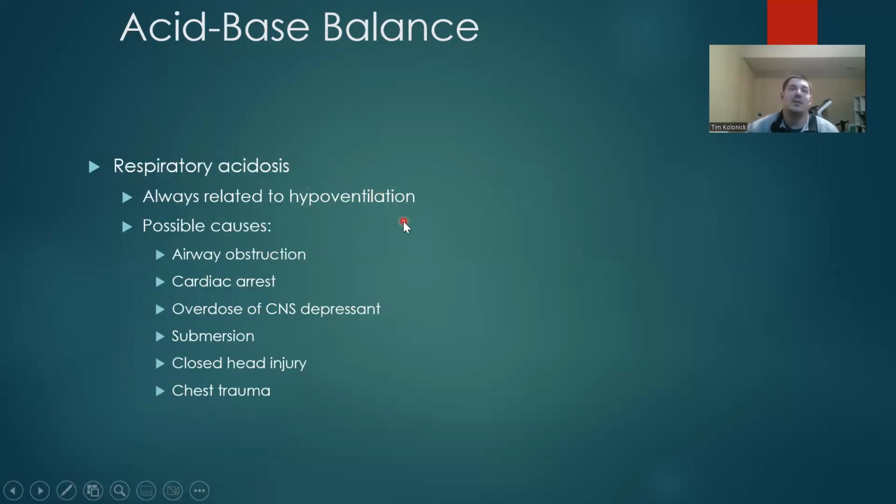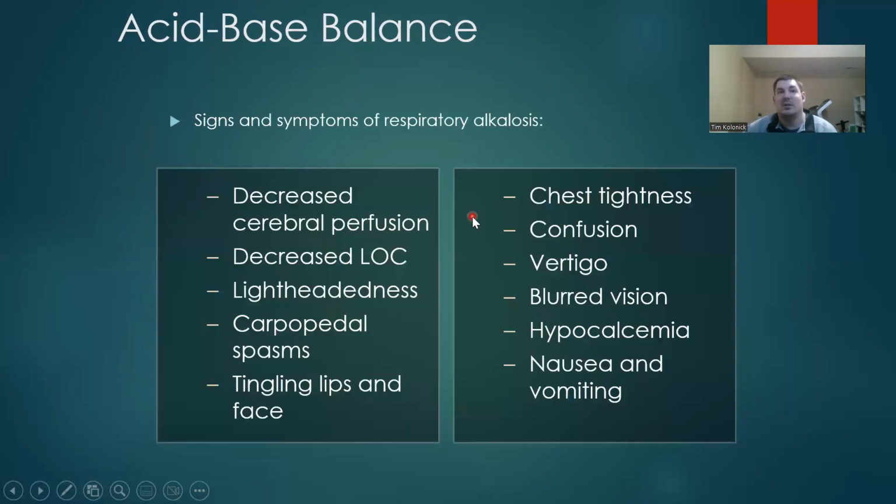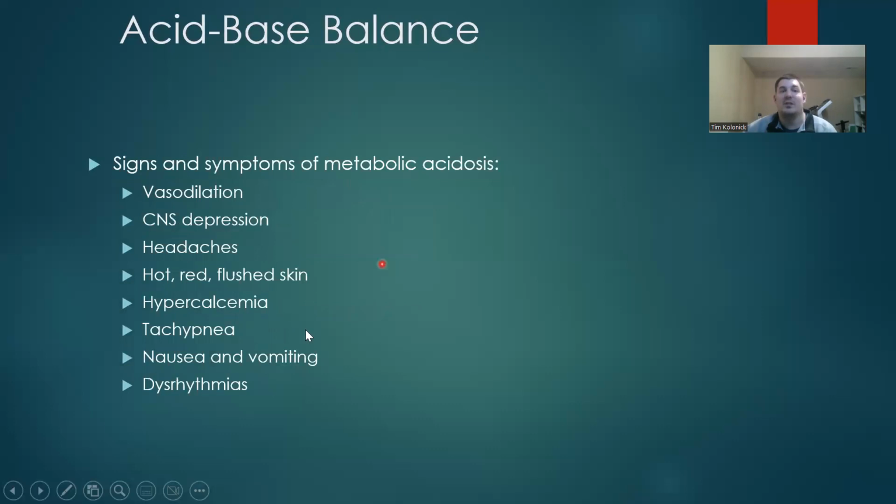So if they're not breathing fast enough, we're maintaining CO2. So if they're breathing too slow, right, our end tidal is high, it's probably respiratory acidosis. If they're breathing too fast, right, it could be metabolic acidosis.